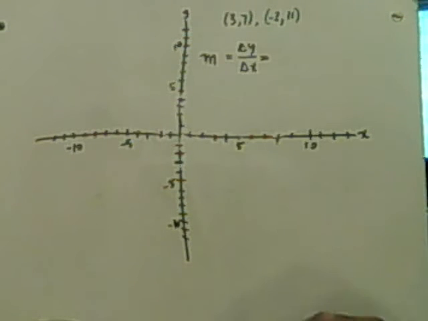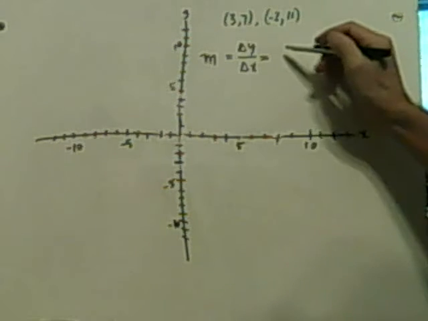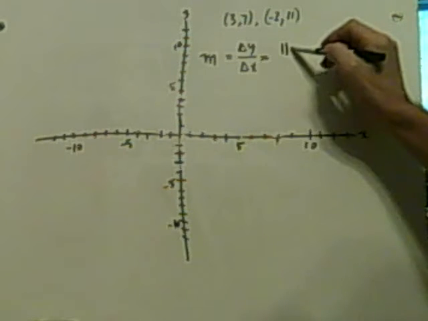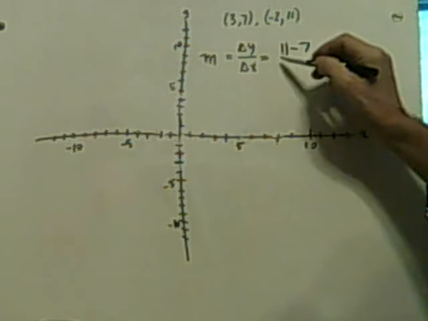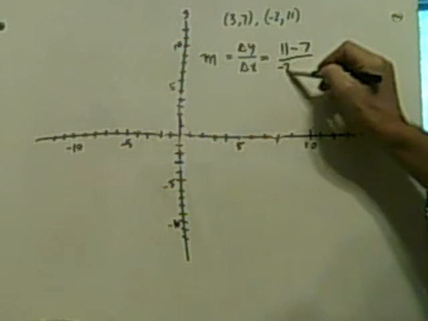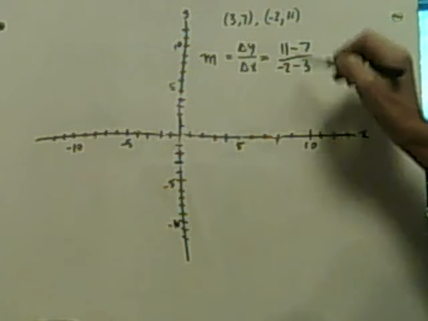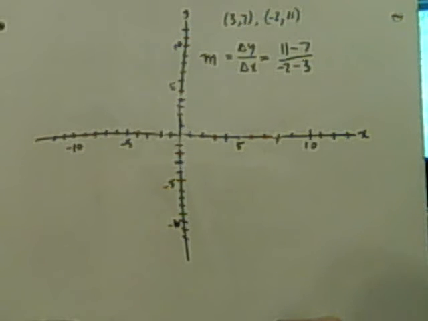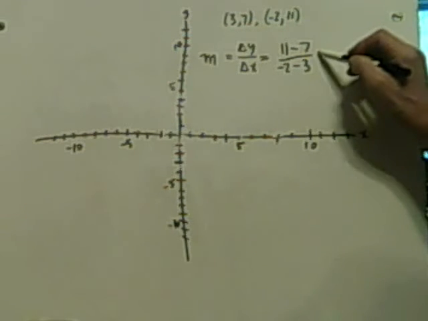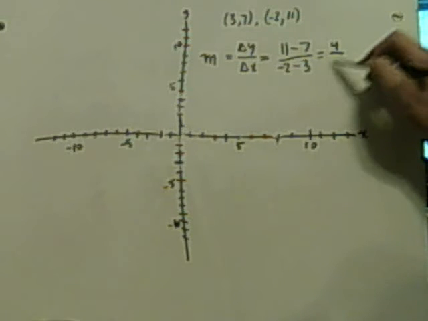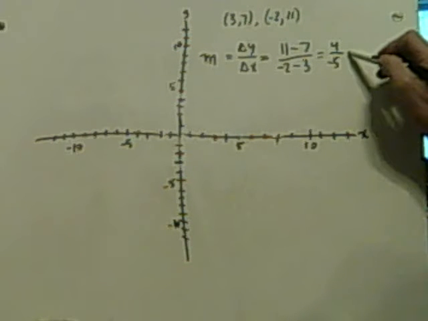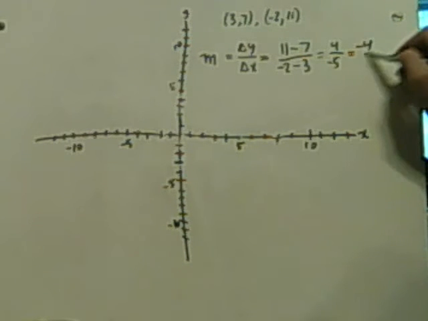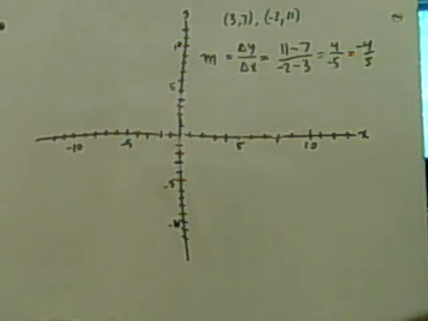M has been used for the slope. Okay, 11 minus 7 over negative 2 minus 3. Okay? It's equal to 4 over negative 5, or negative 4/5. Okay, also a negative slope.